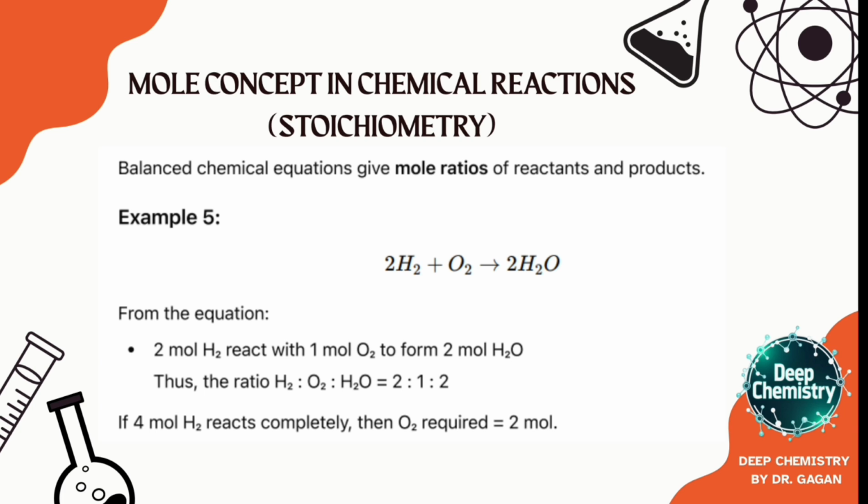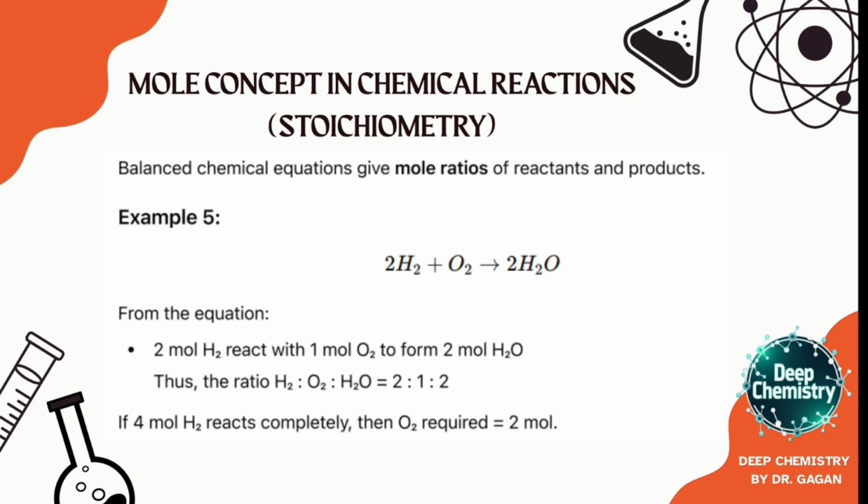From this, we can say 2 moles of hydrogen react with 1 mole of oxygen to form 2 moles of water. So if you start with 4 moles of hydrogen, you will need 2 moles of oxygen and you will get 4 moles of water. Simple ratios, simple chemistry, all thanks to the mole concept.